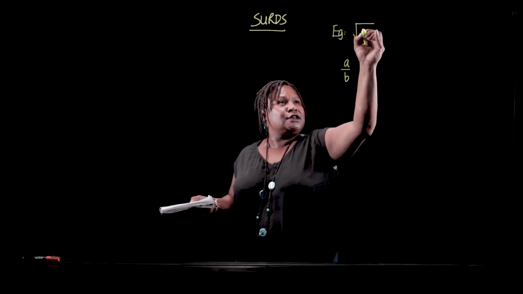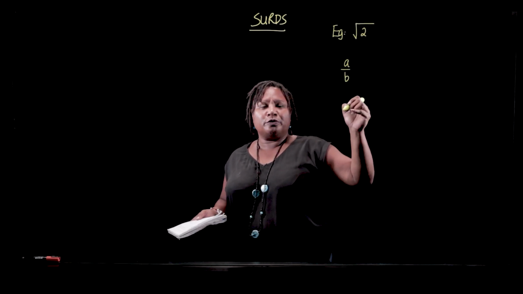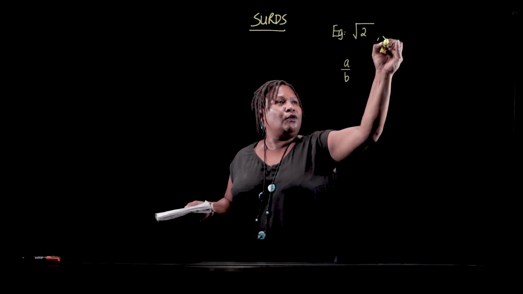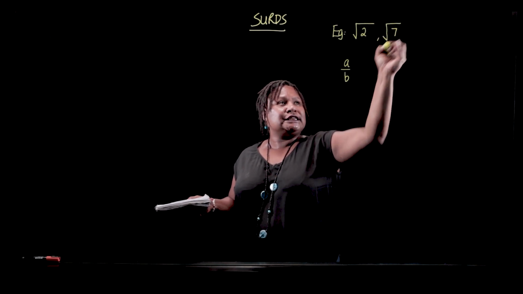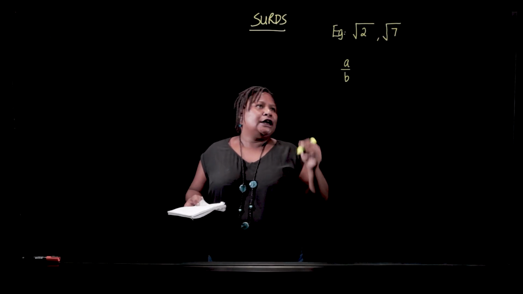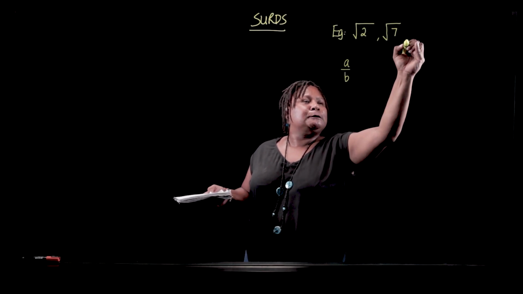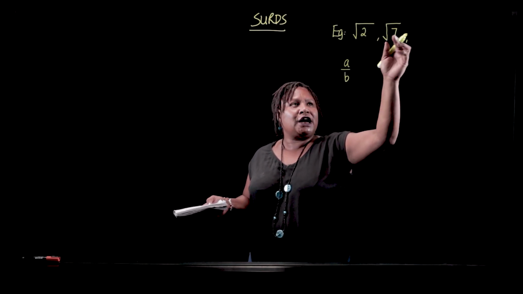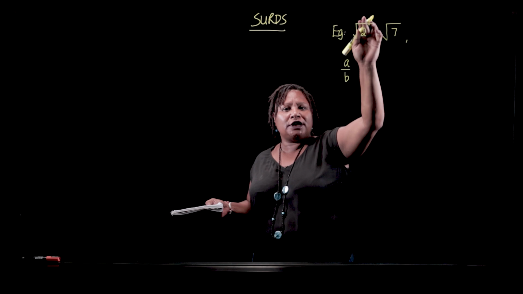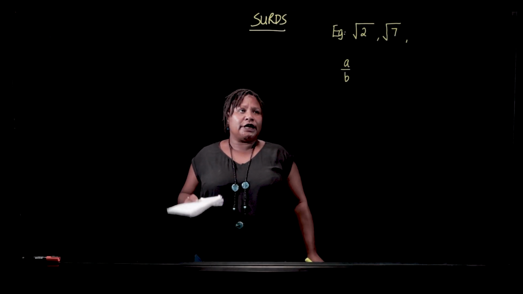Now, examples of surds would be numbers such as √2, okay, or √7, okay? Other numbers, you should already work out what other numbers fall into surds, okay?